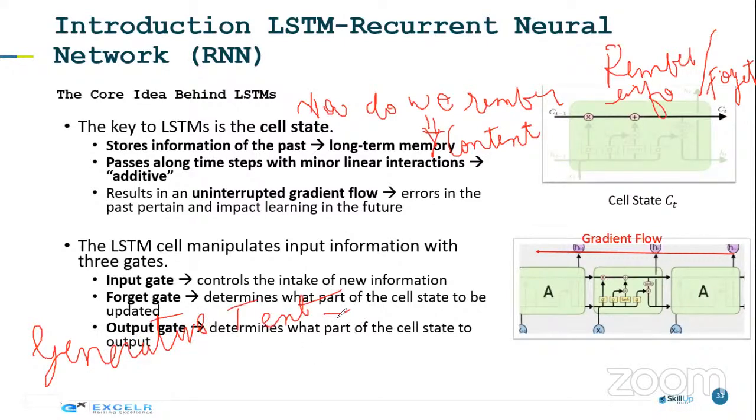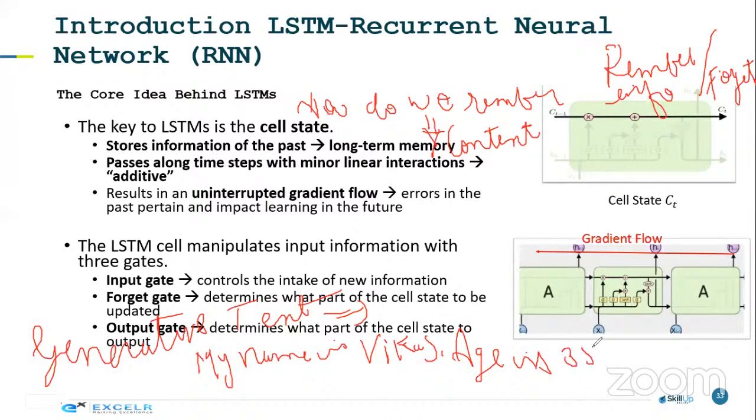So I have to generate the text, and for that reason, let's say I'm saying that my name is Vikas, and then next thing I'm trying to tell you is my age is 35, and then some other information, that I am from Pune. This is how I'm trying to tell you, and then we're trying to generate the text.